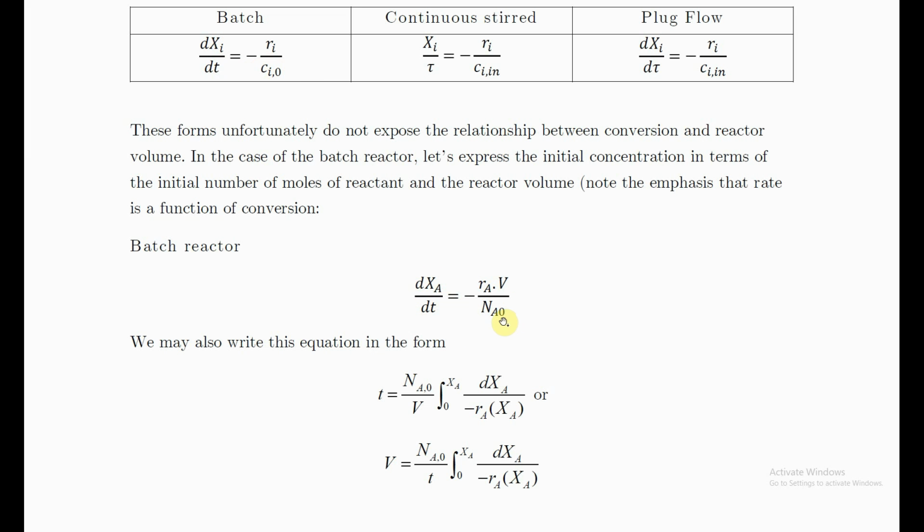Now we could repose this equation by integrating this. So let's imagine that we multiply dt out here, and then we divide by minus RA V over NA naught. So we've got dt out here and dXA. And by the way, it's not quite right to say it the way I just did. It's not about multiplying by dt.